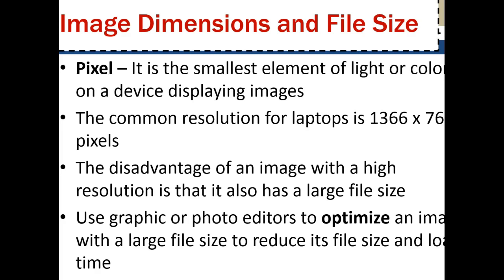Pixels are arranged in rows and columns to show an image. The common resolution of a laptop is 1366 times 768 pixels. Sometimes you might have images that are 200 times 200 pixels, which means the height is 200 pixels and the width is 200 pixels.